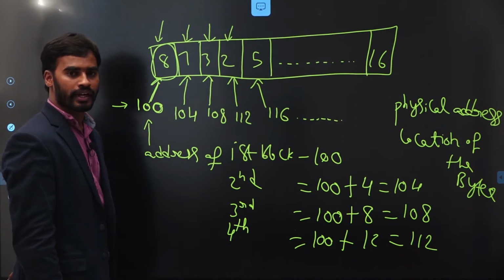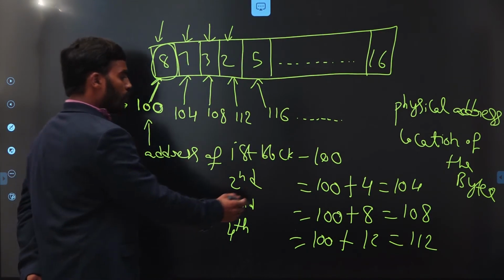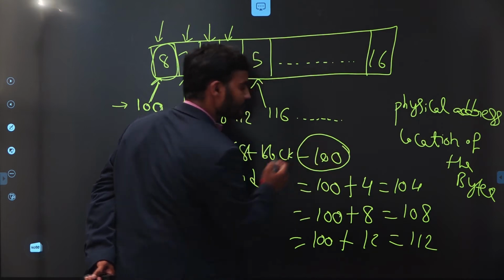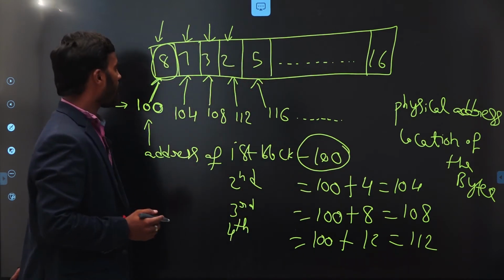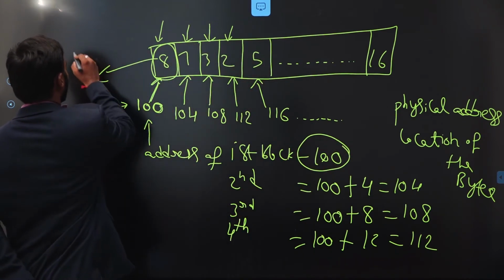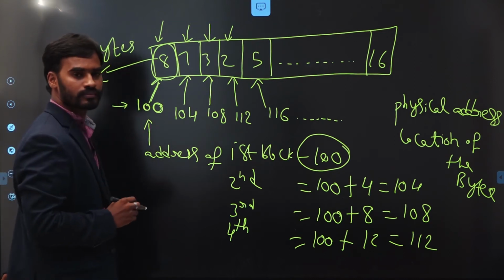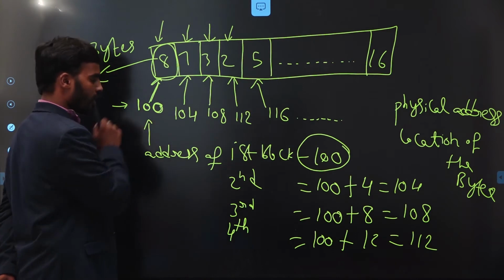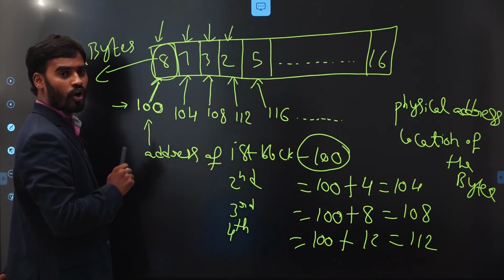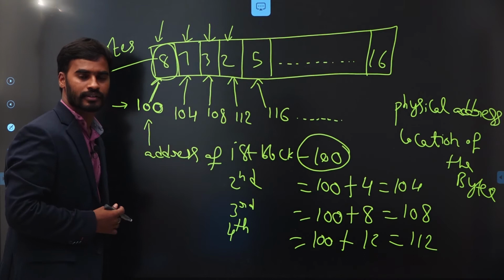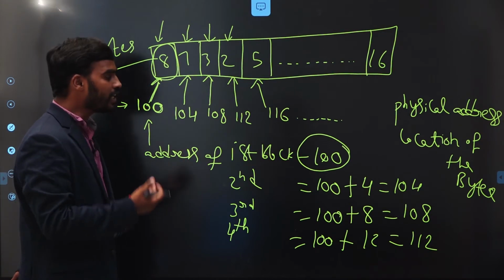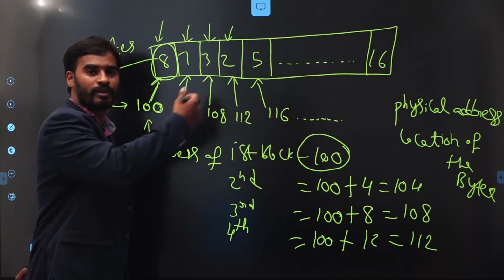So if you know the address of the first block and if you know how many bytes each block needs, then you need not remember the address of the remaining blocks.